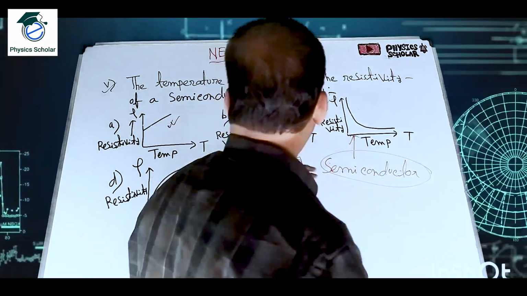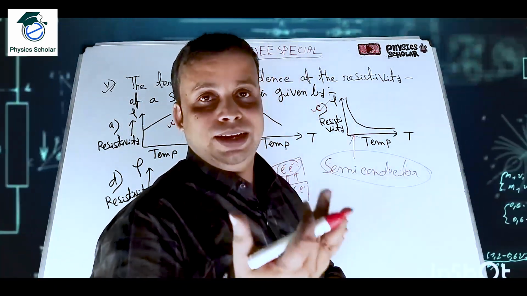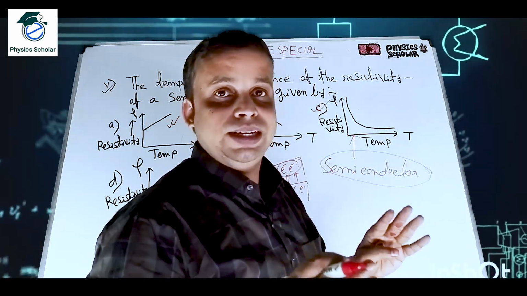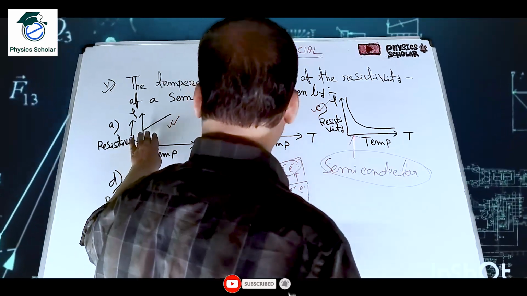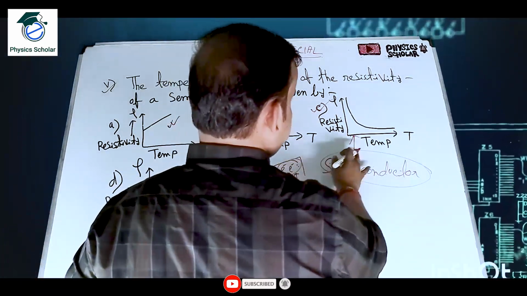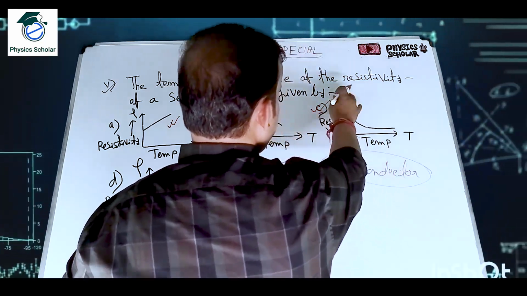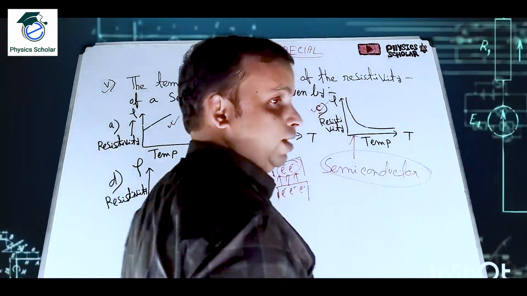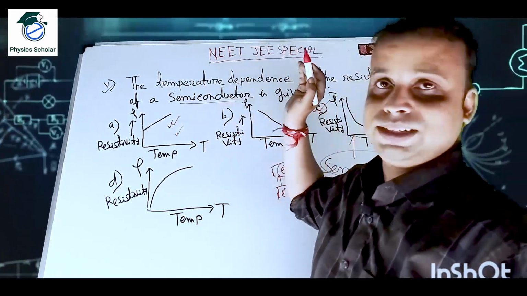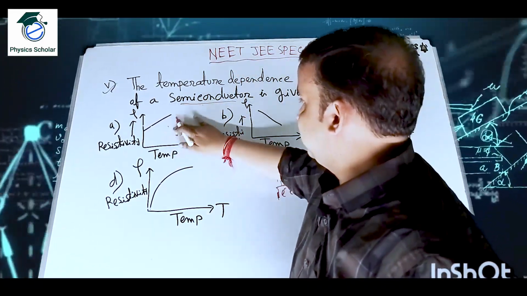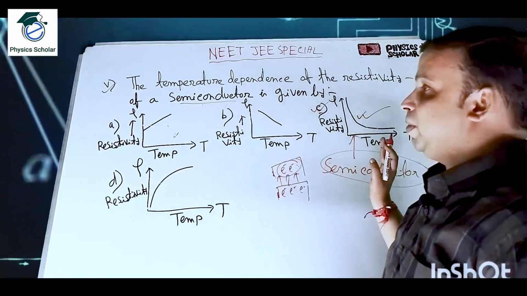But in case of the first graph, for the pure conductor, if we increase the temperature, the resistivity of the conductor will increase. In case of the semiconductor, if the temperature increases, resistivity will decrease. If the same question came for the conductor, then that option would be correct. But as it is a semiconductor, option C will be correct. Clear? So hope you have understood this.